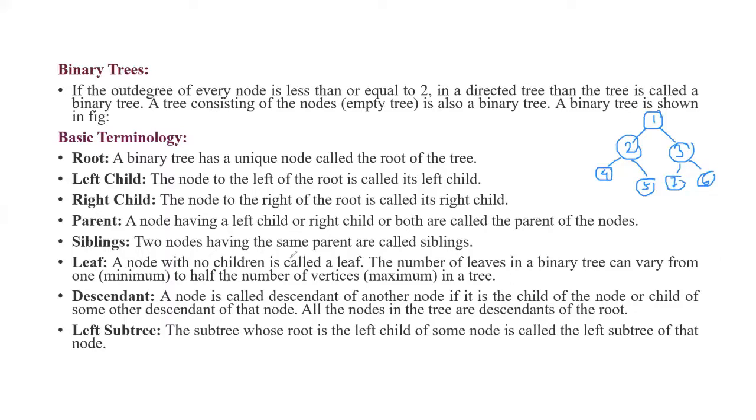What is the left subtree? This is your root node. A subtree whose root is the left child of some node. So this 2 is a left child. This is your left subtree and this one is your right subtree.